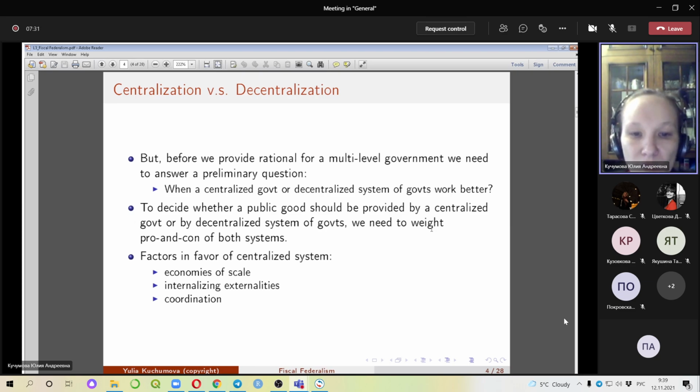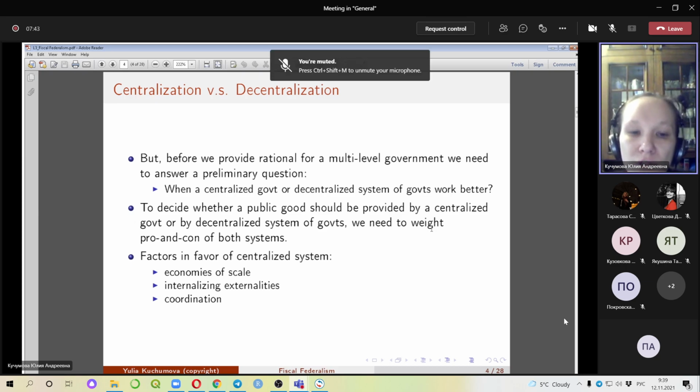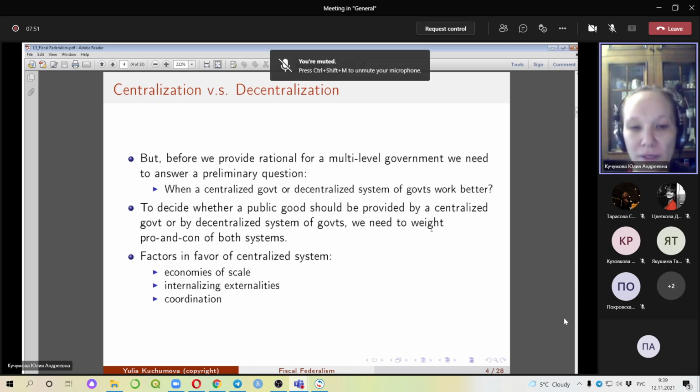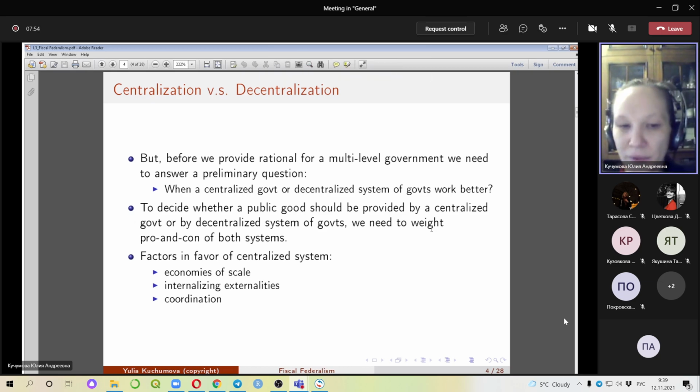an important factor is economies of scale. What is it? When a public good is provided by a centralized government, it actually means that it's cheaper, right? Basically, we need only one government, rather than multiple governments, one in each jurisdiction, right? And having a government is costly.